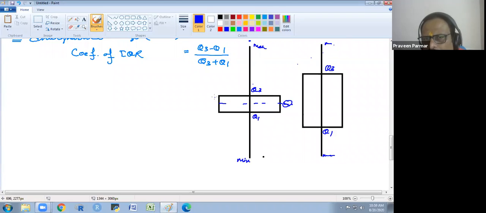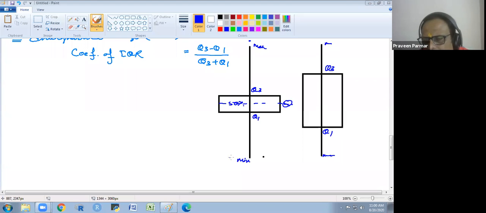What does this box represent? 50% of the data is here, with 25% above and 25% below. Similarly, here the interquartile range is higher, and here the interquartile range is lower.